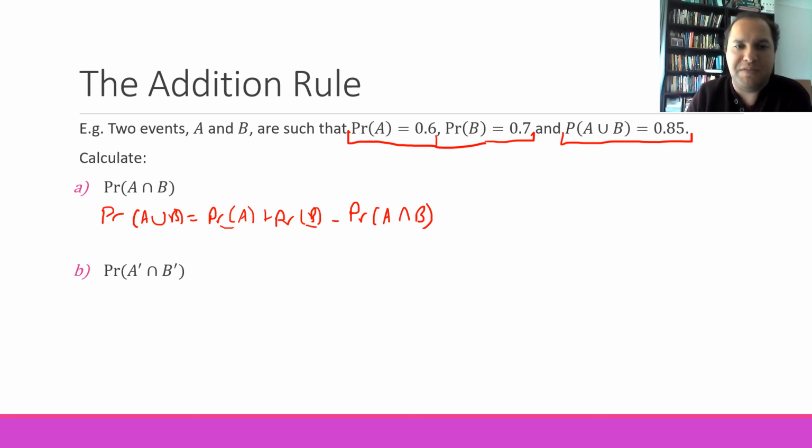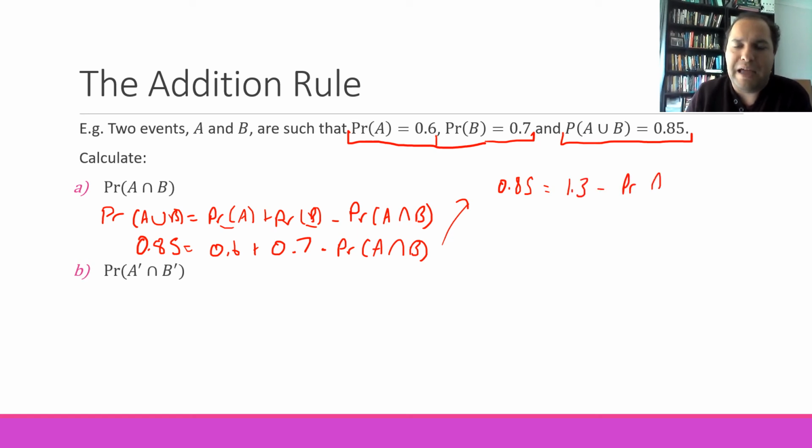Now we've got a number of those values, we can substitute them straight in. So 0.85 equals the probability of A, which is 0.6, plus the probability of B, which is 0.7, subtract the probability of A and B. Continuing to rearrange that, 0.85 equals 1.3, subtract probability of A and B. Now rearranging that, I'm going to add the probability of A and B to both sides and subtract the 0.85 from both sides.